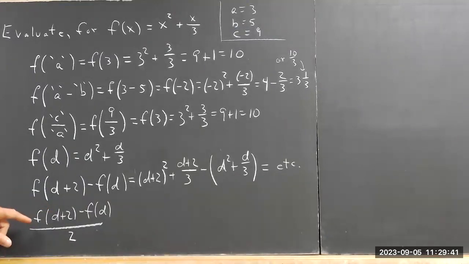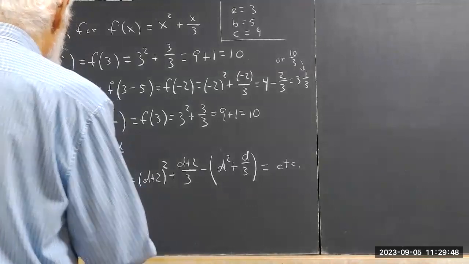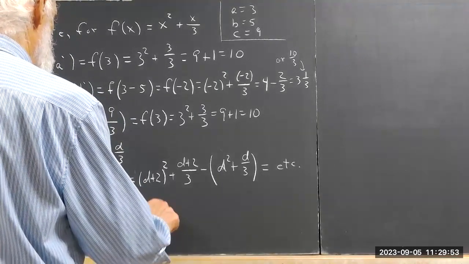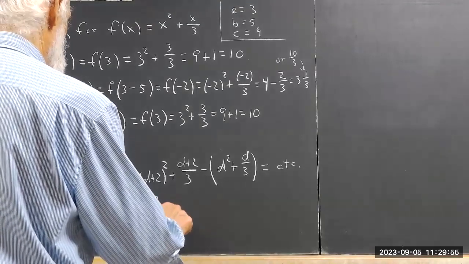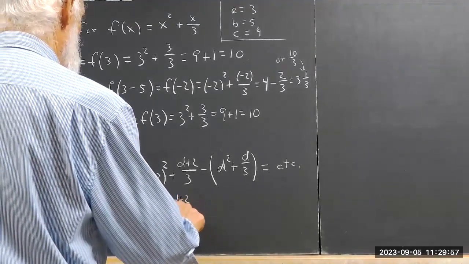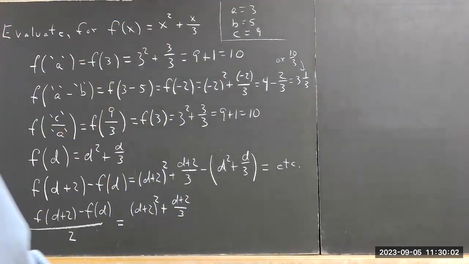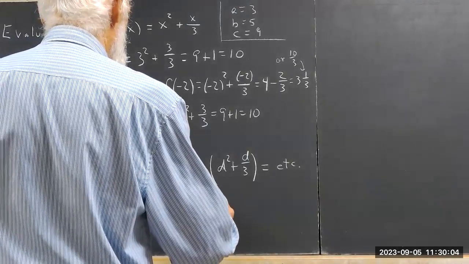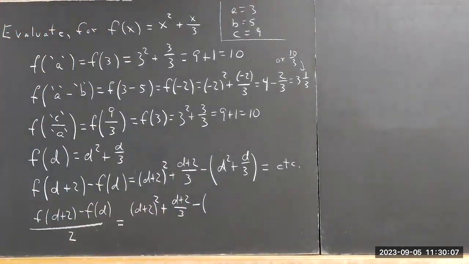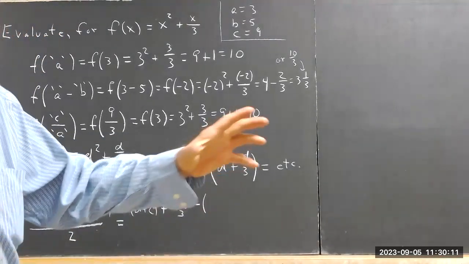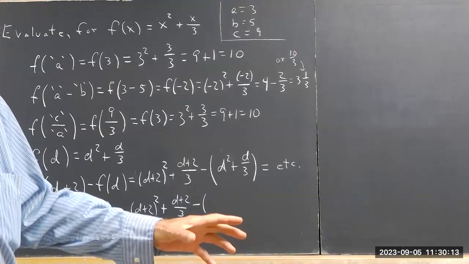Now, f of d plus 2 minus f of d over 2. Well, f of d plus 2 is d plus 2 squared plus d plus 2 over 3. And then it's minus, and you want to be careful to put parentheses around the expression you get for f of d, because the whole f of d is being subtracted.